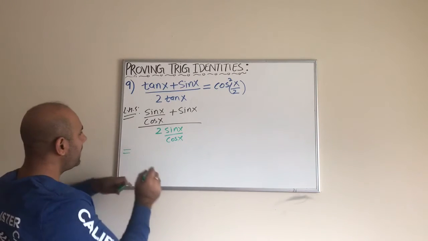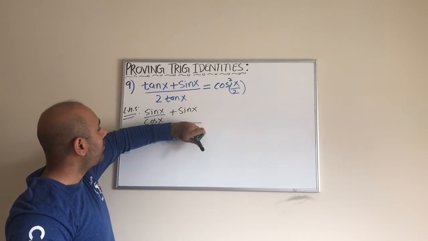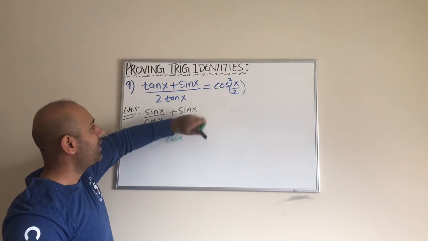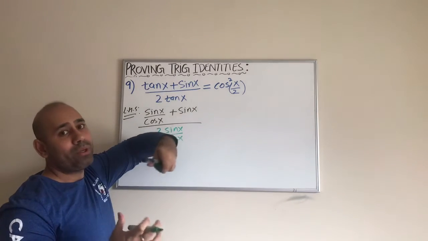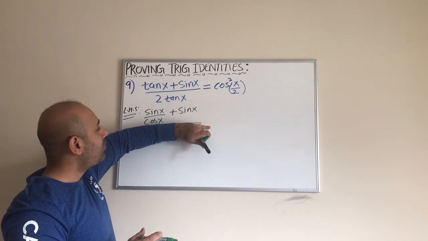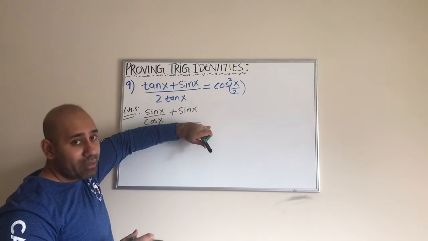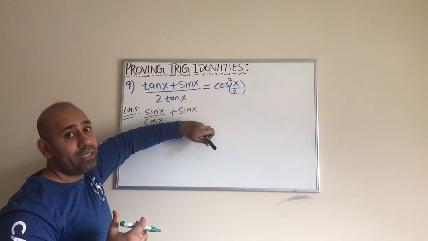Now let's go from here, guys. Looking at the numerator piece, we want to combine these two, because if you look at the right hand side, we only have one term. So on the left hand side, we want to basically combine everything. If we want to combine these two, then we have to have a common denominator, which is cosine x, and then we can only combine the numerators.